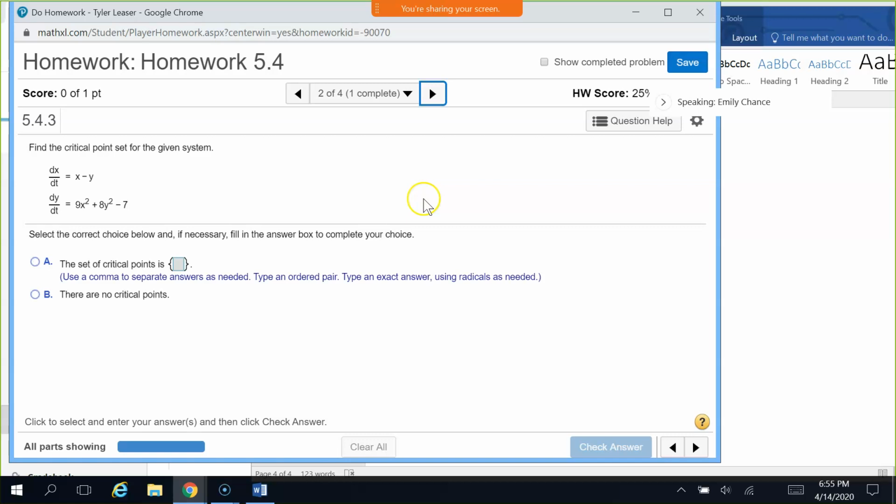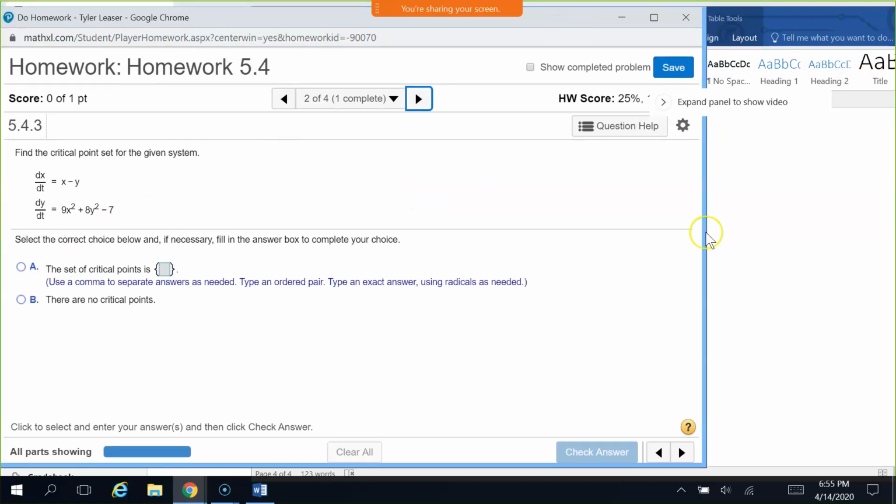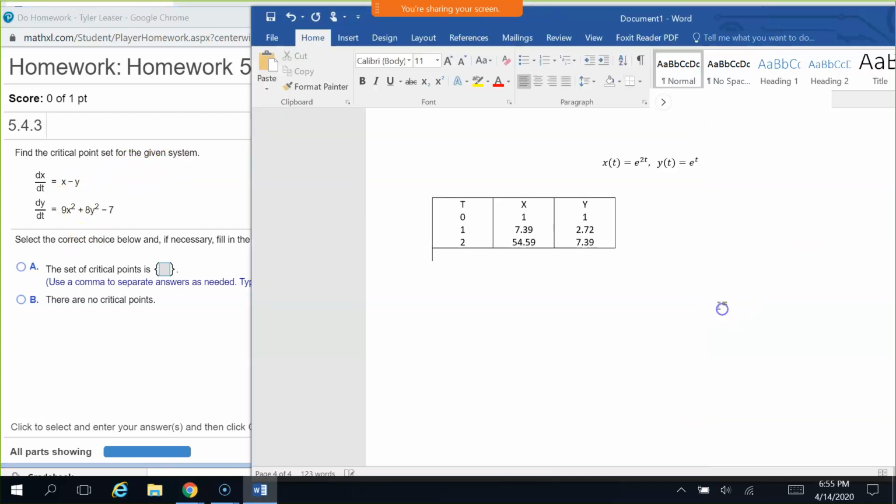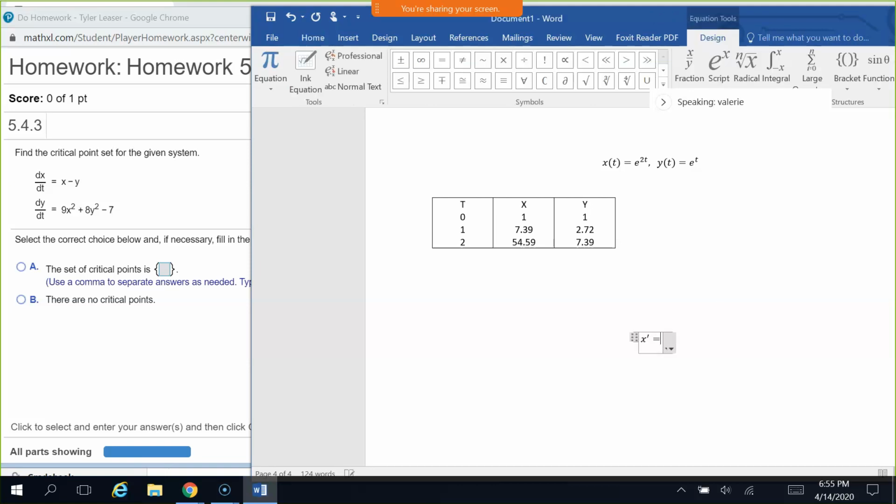All right, question 2 then. This is more like what you guys are going to have to do here. So question 2 says to find the critical point set for the given system. And this is not as hard as it seems. So let me copy my system down. Okay. The critical points are just like they always have been in calculus.